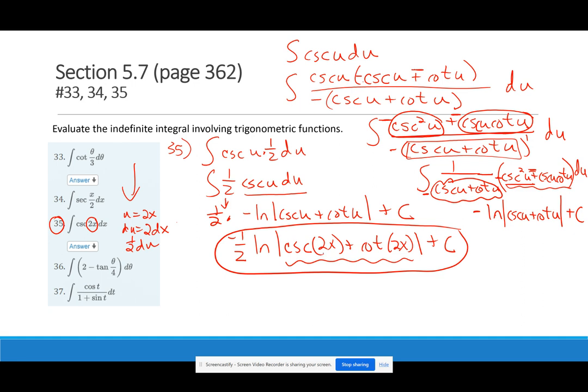That's going to wind up being the 2, and so you need to somehow be knocking that out. So our final answer should be negative 1/2 natural log of the absolute value of cosecant 2x plus cotangent 2x plus c.